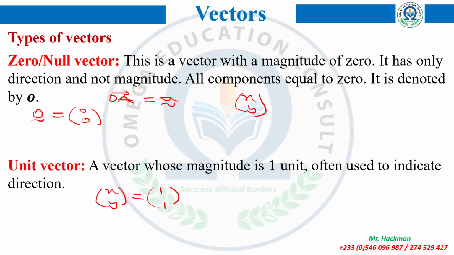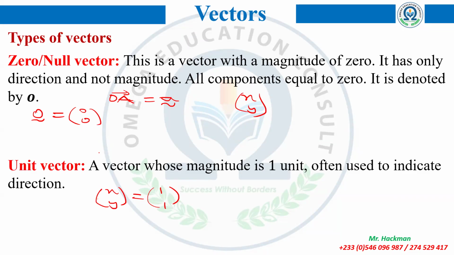Remember, we all know how to find the magnitude of a vector, right? From our previous lesson. Okay, so now let's see how the magnitude of this vector gives us a magnitude of 0.